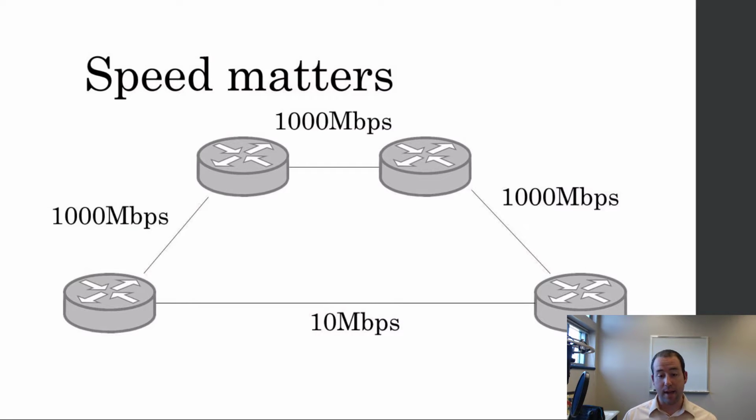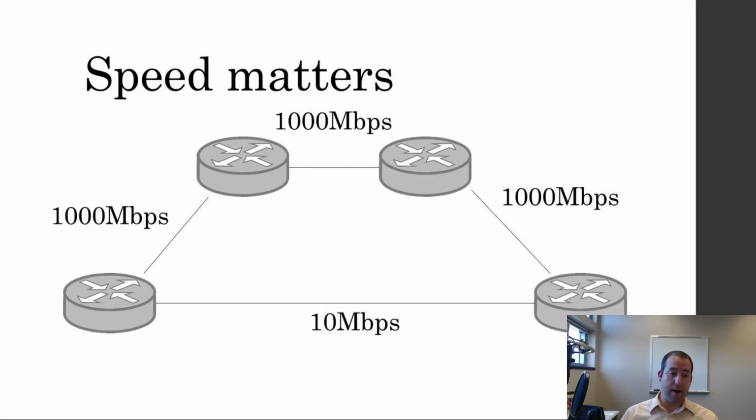But if I want to send a movie, or a large file, from router A to router B, the best way is not going to be the one with the shortest number of hops. The best way is the fastest way, and that's taking into account that the up-and-over route, rather than the direct route, has significantly faster links all the way across, and we could only do that if we had that map.